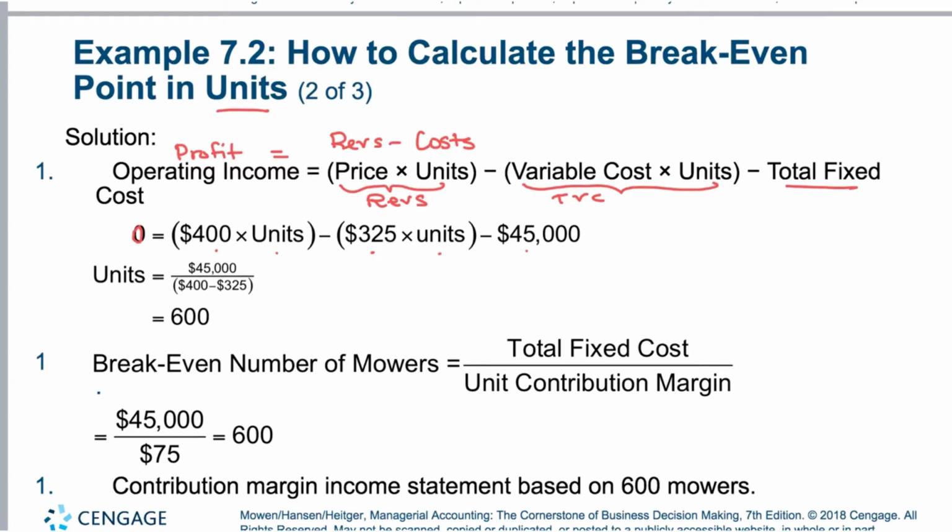And so we do a little rearranging in algebra, right? So how about we take and bring, let's see, if it was me, I'd bring this 45 over to here, right? So I'd do the algebra by saying 45,000 is equal to 400 minus 325 times units.